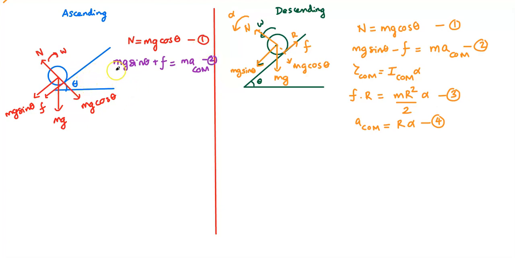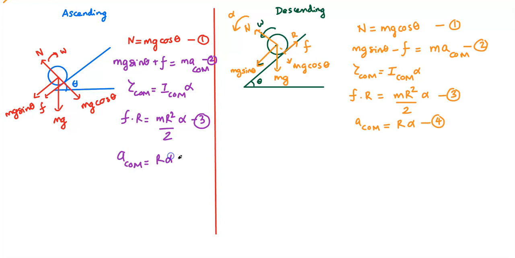And again, there's a third equation we can write using the torque equation. So the torque about the center of mass is the moment of inertia about the center of mass times alpha. So the torque about the center of mass is F times R, and that's going to be mr squared by 2 times alpha, number 3. And the acceleration of center of mass is going to be R times alpha, which is number 4, right?